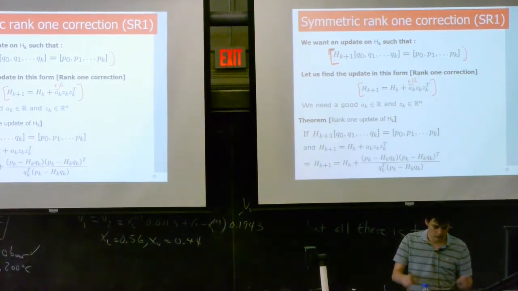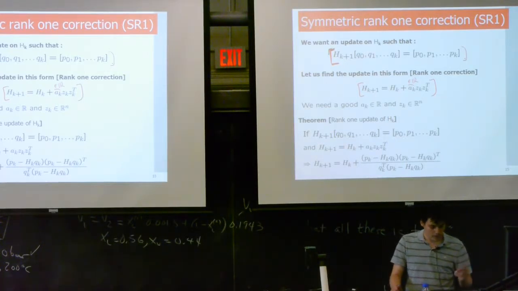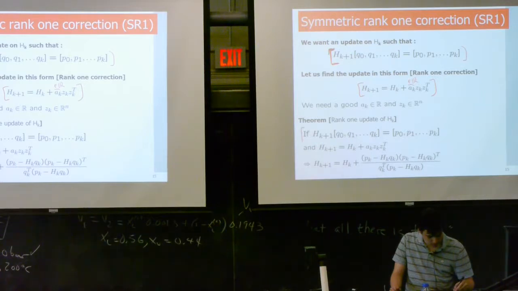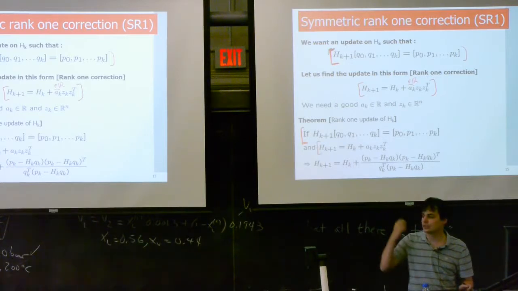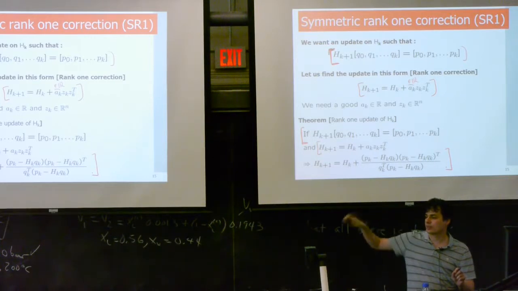And here is a theorem. So if we assume that this holds, so this was our goal, and we update H_{k+1} using this rank 1 update, then it follows that if it is a good update, then this update should be in this form, where you remember that p_k was x_{k+1} minus x_k, and q_k was the difference between the gradients.